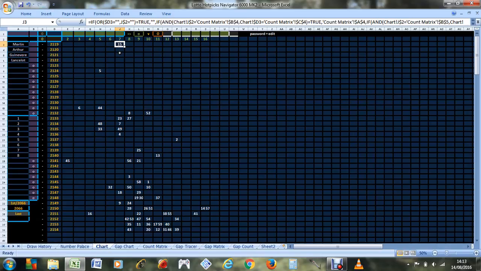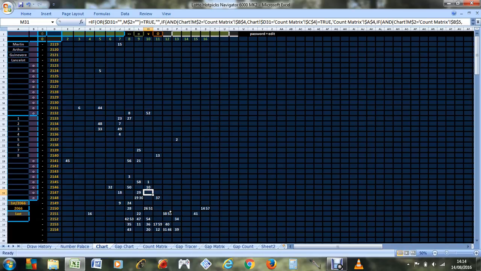Suppose you want to pick one because it's overdue, maybe pick one from this little bunch here, maybe one of the more frequent ones, some from this region as well. I mean, the idea is to choose numbers based on what you think is most likely to happen in the next draw.